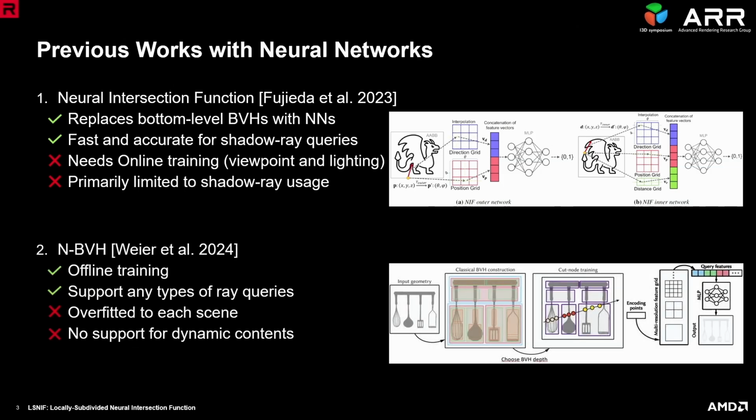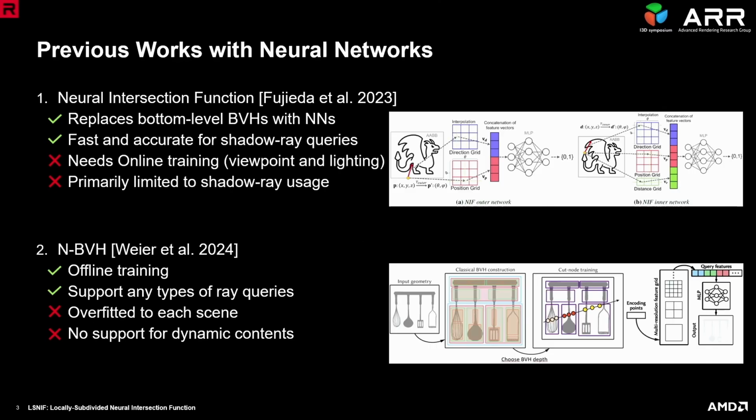And there is another research, NVVH, which eliminates the requirement of online training and supports any type of ray query in the neural ray query pipeline. To reconstruct high-quality signals, it ensures that the encoded point is close enough to the surfaces using the intermediate BVH node.